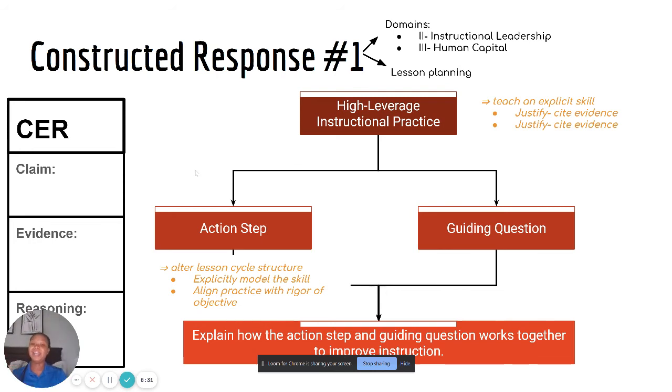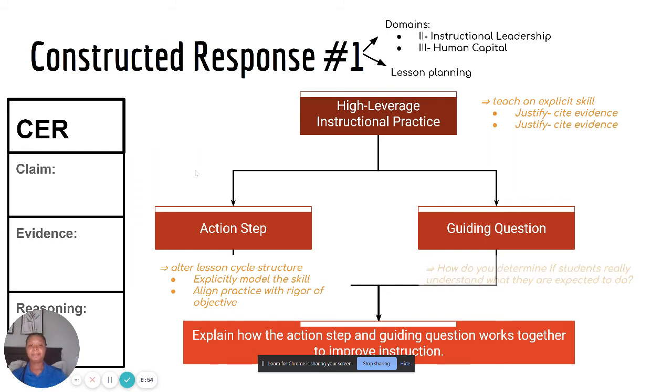And then you're going to align the independent practice and the group practice with the rigor of the objective. Okay? 2 things. Explicitly model the skill in your instruction and allow the students to practice that skill. Make sure that it's aligned to the rigor of the objective.